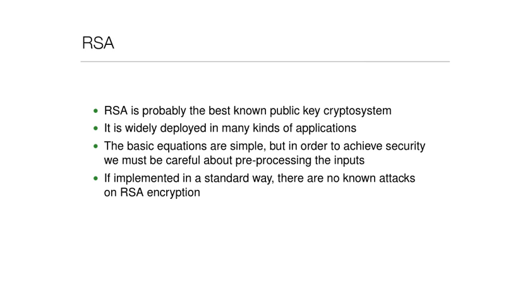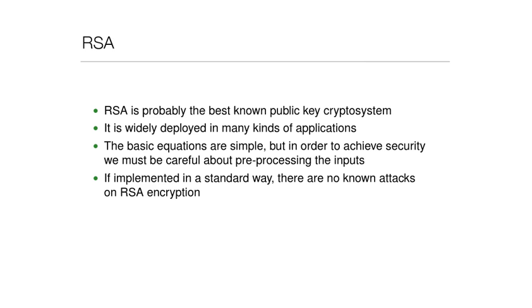So RSA is probably the best known public key crypto system. It is widely deployed in many kinds of applications in our day-to-day internet. We use RSA for encryption, for signatures, and for sharing secret keys.